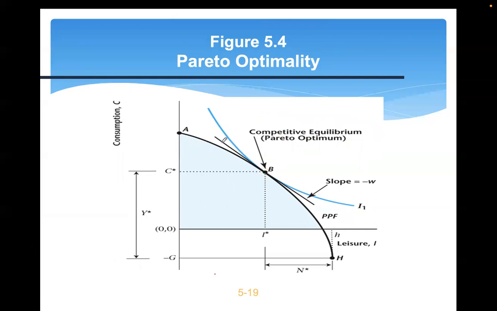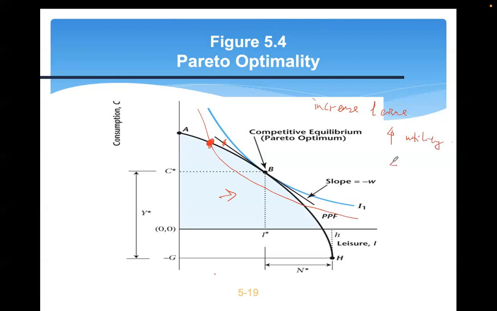To understand this, just forget about this middle point. Again, use the previous example we've seen. If we have an allocation like here, in the middle point, this is not Pareto optimal in a sense. At this point, if we move in this direction, meaning if we increase leisure, then the households are going to increase their utility.